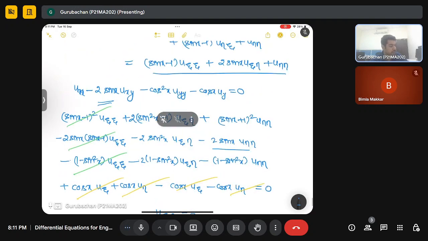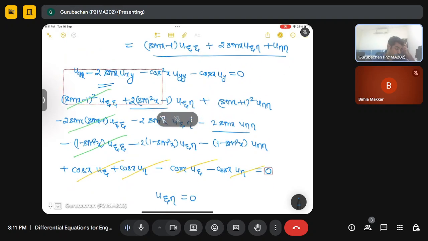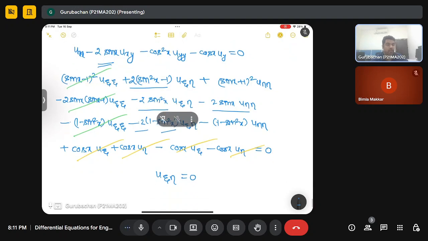The reason is here it is 2 sin square x minus 2, and minus 2 sin square x will cancel out, and we will be left with minus 2. Here there will be minus 2, and again there is sin square x, and if you solve it, you will get to the stage of u xi eta equal to 0.